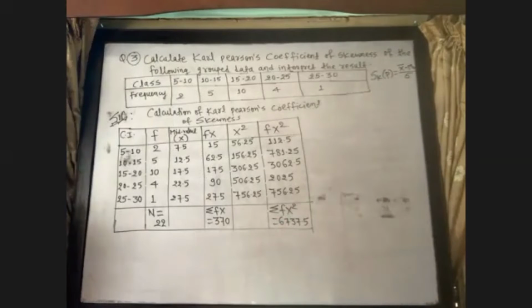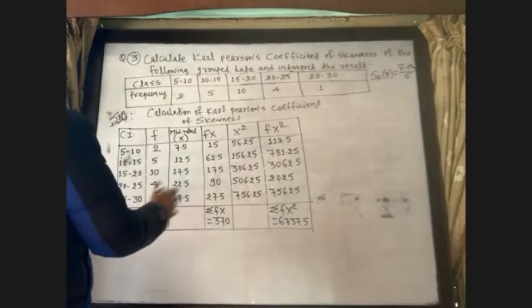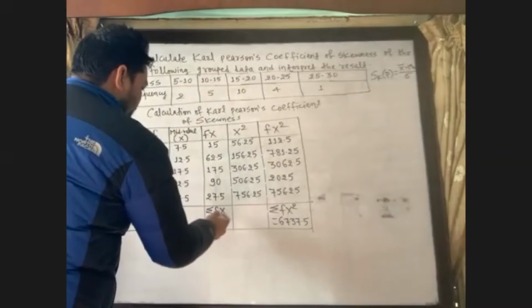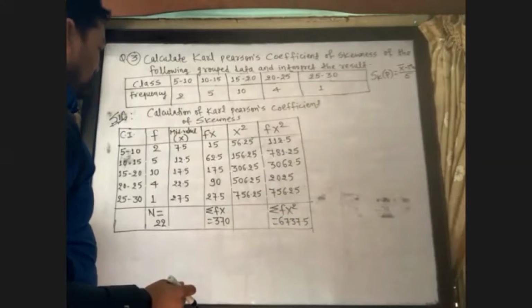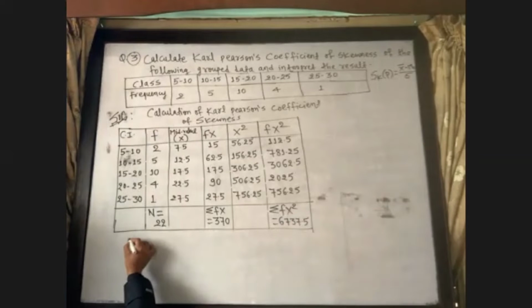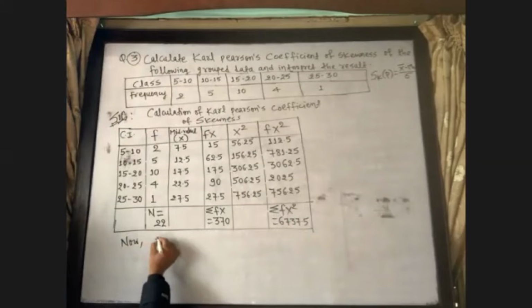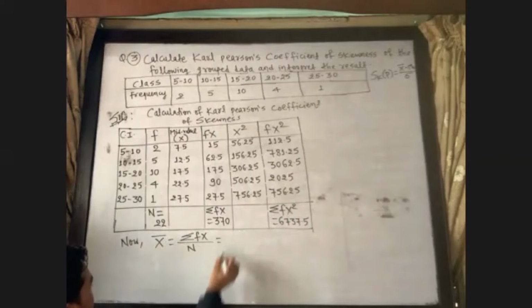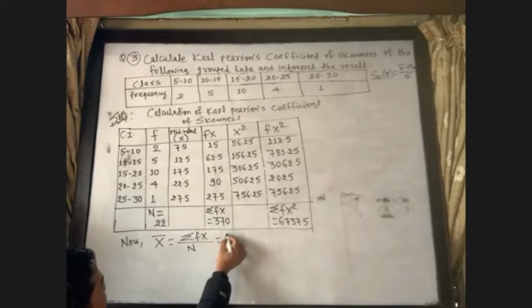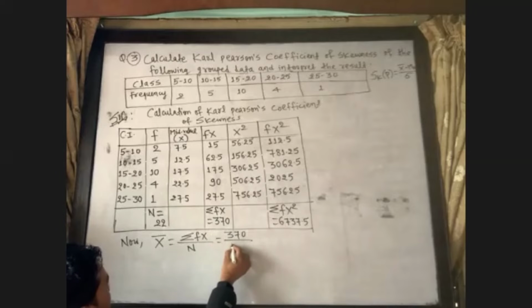Okay, now if we know summation fx and summation fx square, we can find the mean, then we can find the standard deviation also. Now x bar equals to, you know the formula, summation fx divided by n. What is summation fx? 370 divided by n means 22. Now let's divide 370 divided by 22. We'll get here 16.82.